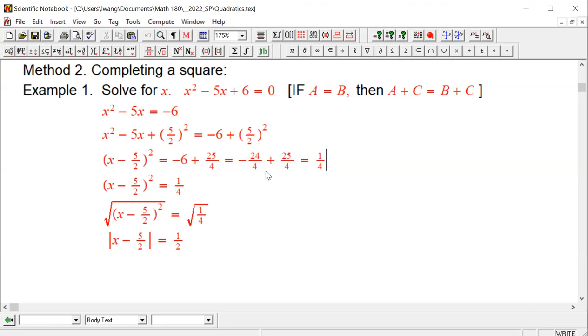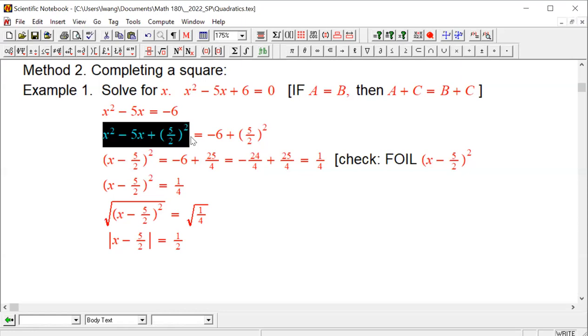By the way, from this step to the next step, if you want to check your work, go for it. You can check your work by foiling this piece to see if you go back to the previous. It should go back, otherwise you have to do it all over.